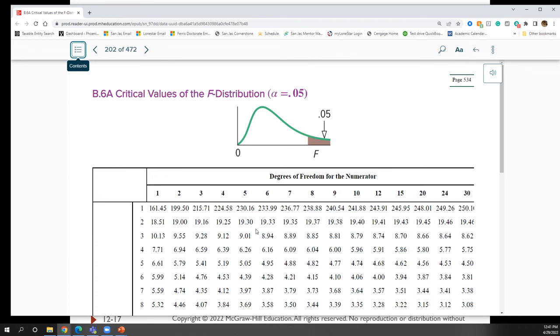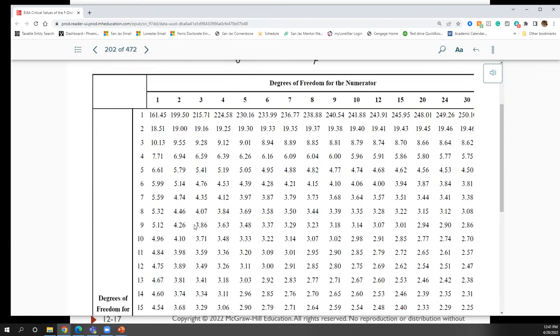So we're going to find 11. And of course, it's not here. Went from 9, 10, and then skipped 11. Yay for the chart. Which is very odd.